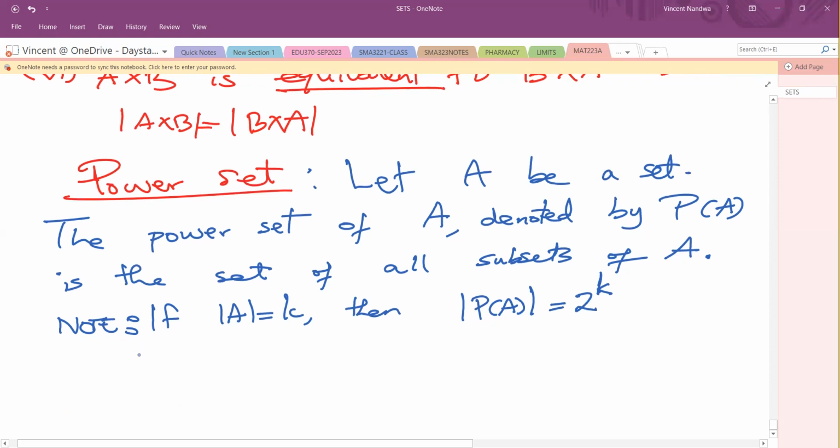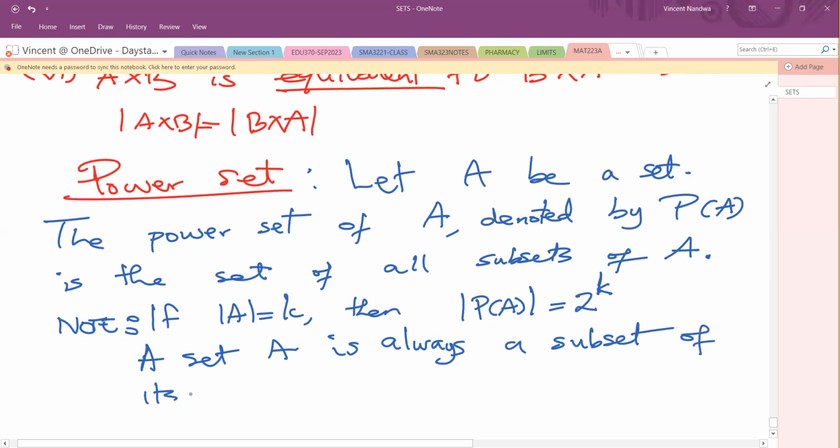Another note is that a set A is always a subset of itself. So any set is always a subset of itself.